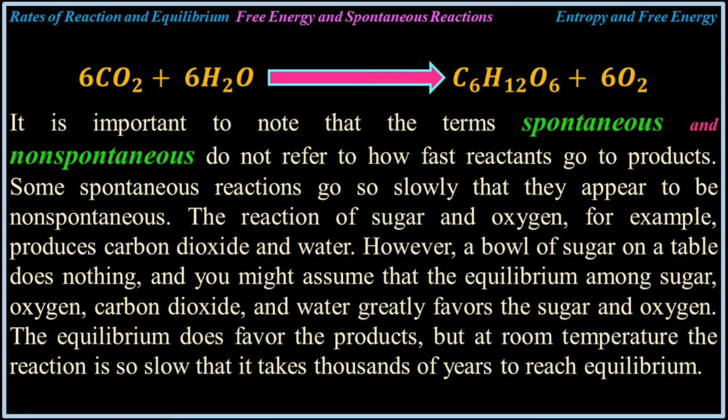However, a bowl of sugar on a table does nothing, and you might assume that the equilibrium among sugar, oxygen, carbon dioxide, and water greatly favors the sugar and oxygen. The equilibrium does favor the products, but at room temperature the reaction is so slow that it takes thousands of years to reach equilibrium.